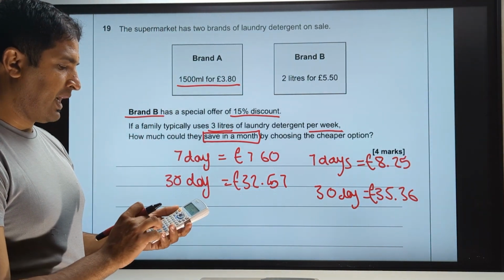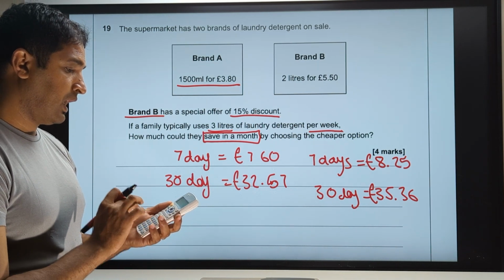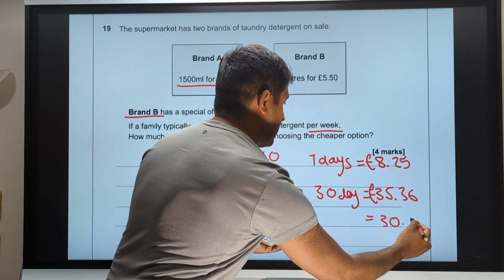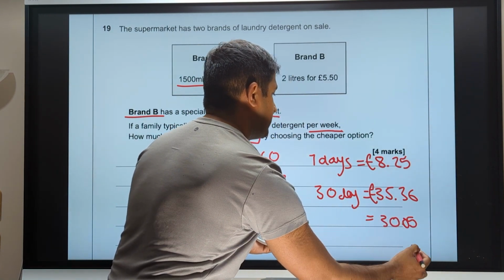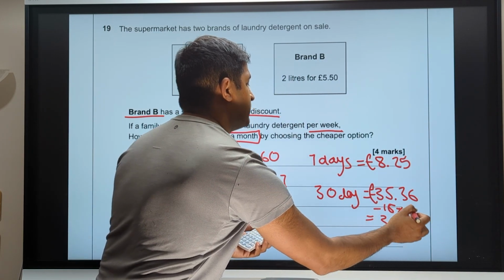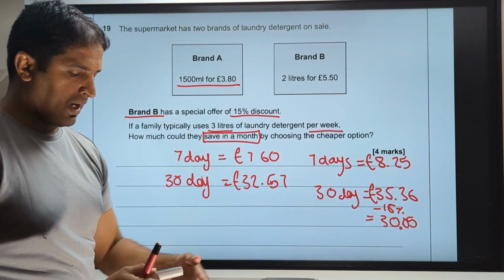Now what you're going to apply is 15% discount, so multiplying it by 0.85. So I would be paying £30 and 5p. Okay? After 15% off. After you take away 15%, you're getting £30 and 5p.